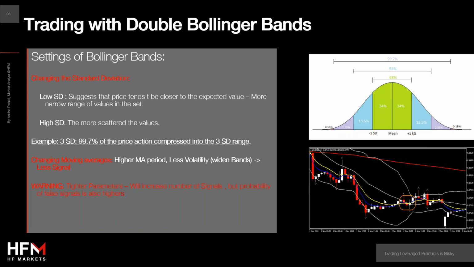So using a formula, which we won't use, something that is done automatically, the Bollinger Band indicator adds 2 standard deviations on this 20-period moving average. So that's how the upper line is drawn, and the lower line subtracts from the 20-period moving average.